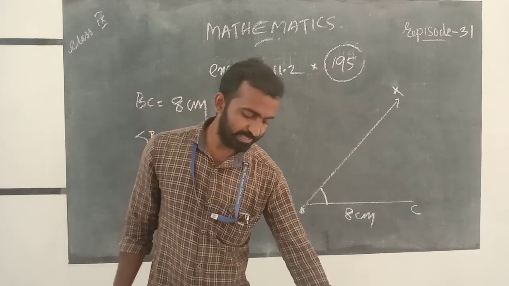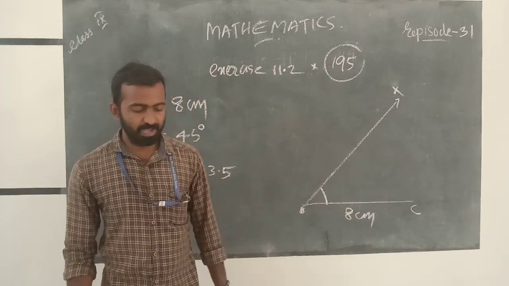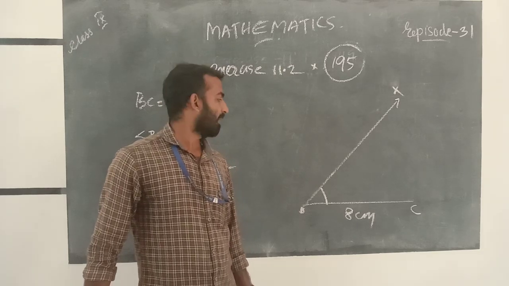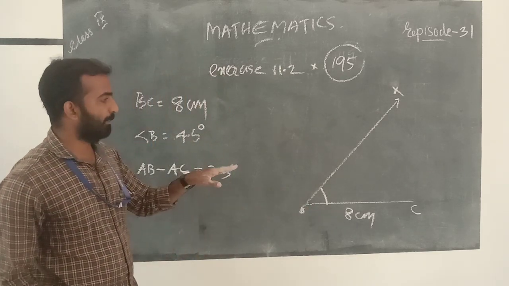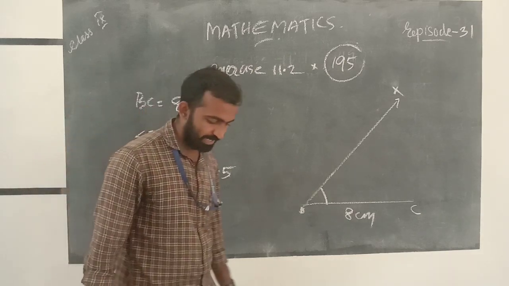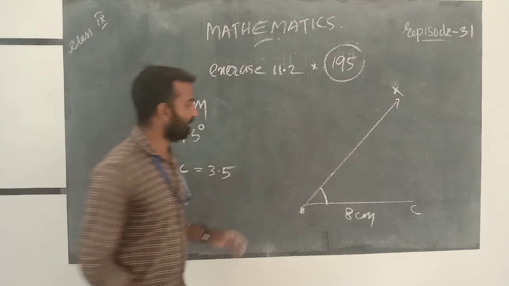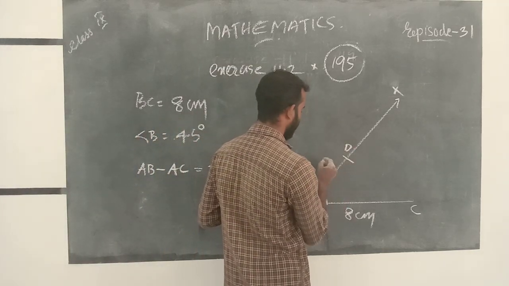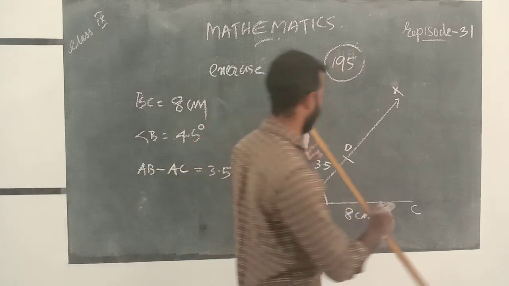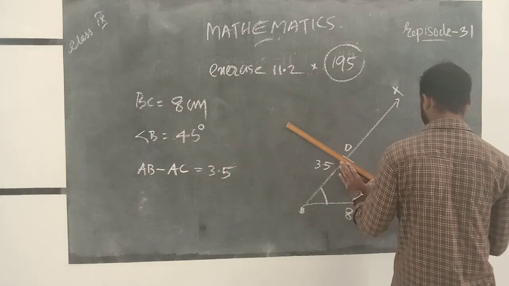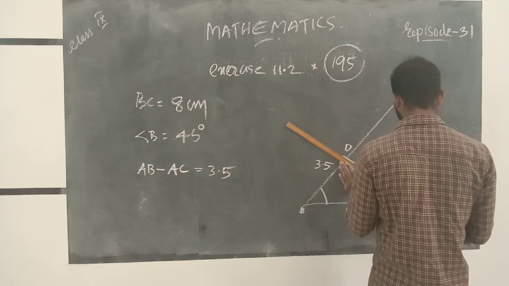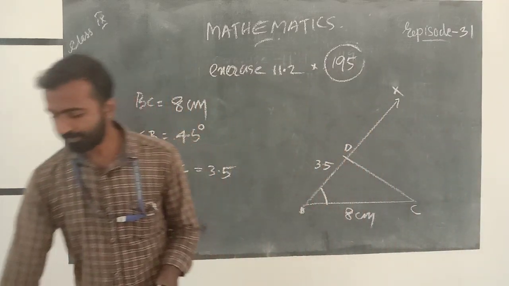Next step, cut the line segment BD as 3.5, that is, AB minus AC. Here is B, this is 3.5, and we join DC.